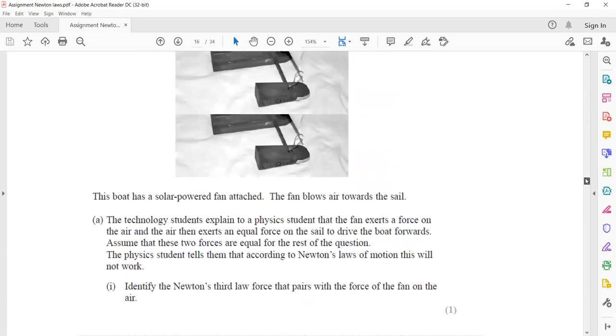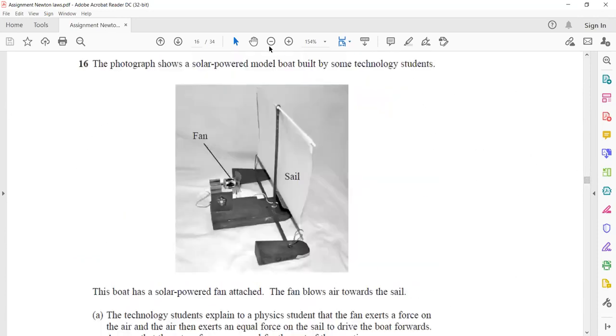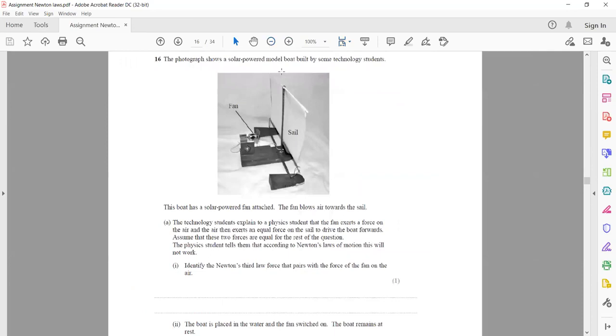Another question. The photograph shows a solar powered model boat built by some technology students. This boat has a solar powered fan attached. The fan blows air towards the sail.